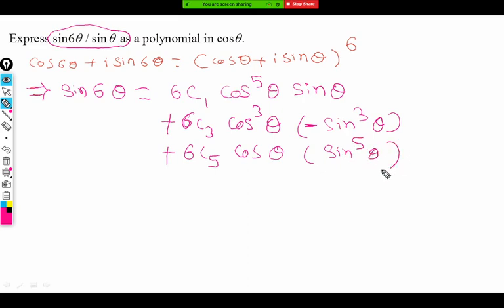If not, go by that step. This is like a direct formula we used. Now we require some values. So I'll first write sine 6 theta. 6C1 is 6, cos raised to 5 theta into sine theta. Now calculate 6C3.